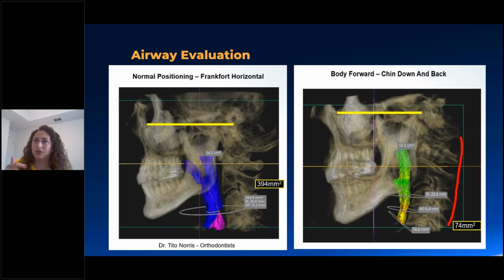So that's just to tell you that how you position the patient inside the machine affects not just image quality, as in how pretty the image is, but your decision to diagnose and to treat.